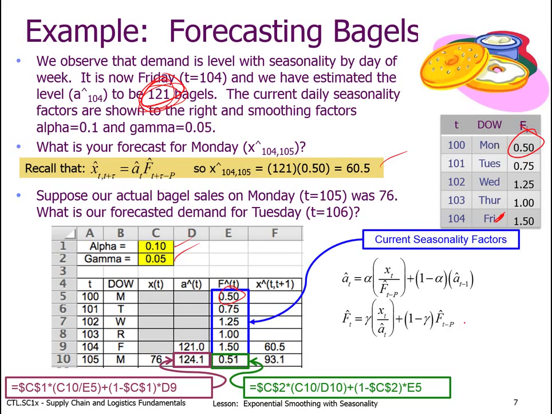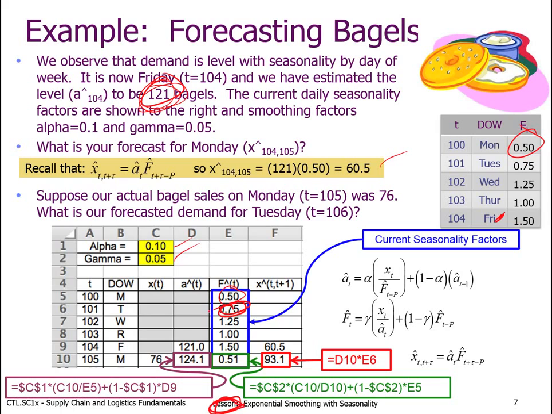And then to find the final estimate for going forward, I'm going to take the estimated level, so that's in cell D10, right here, and I'm going to multiply that by what? I'm going to go f hat t plus tau minus p. Where is that going to take me? That's going to take me up to cell E6. Why E6?